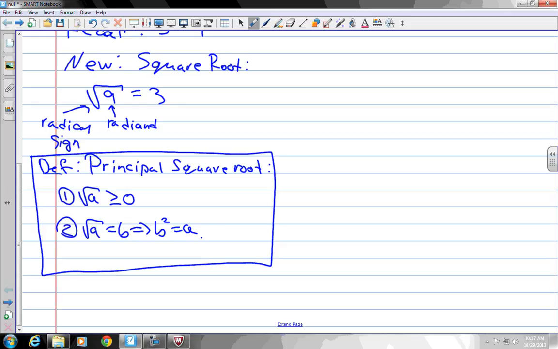You get the radicand. But anyways, you understand how the square roots work. The big thing here is to realize it always stays positive. Okay, square roots do not produce negative results. So a few examples. I'm just going to write a bunch of little expressions. We're going to try to evaluate them.